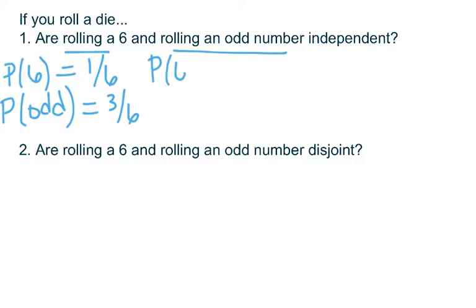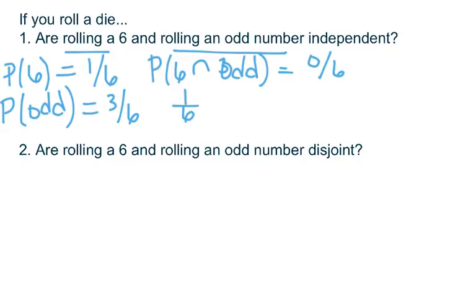Then my probability of both. So the probability of rolling a 6 and rolling an odd. Well, there is no way for those to both happen at the same time, so this is actually 0 out of 6, or you could just write 0 as well. Okay, so now I do my mathematical test again.